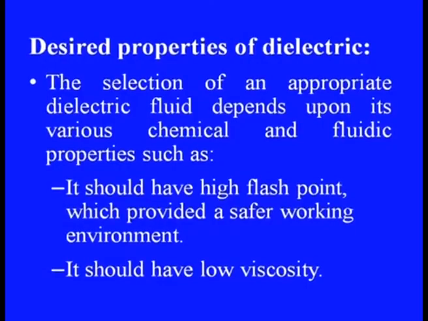Then this dielectric is also responsible for flushing away the debris produced in the cutting zone, and of course, it cools the workpiece and electrodes, otherwise they will continuously get heated and the appropriate dimensions of the workpiece will not be achieved. Now, let us briefly see what are the desired properties of a dielectric.